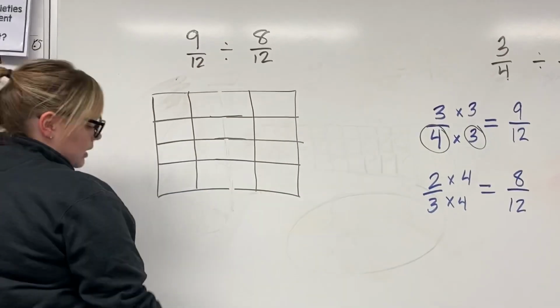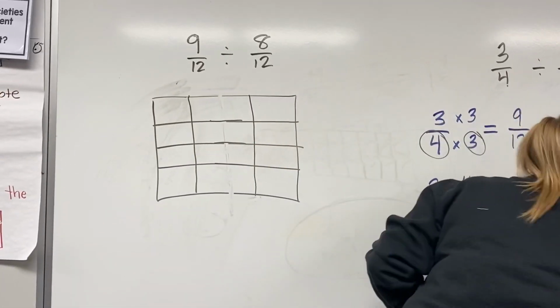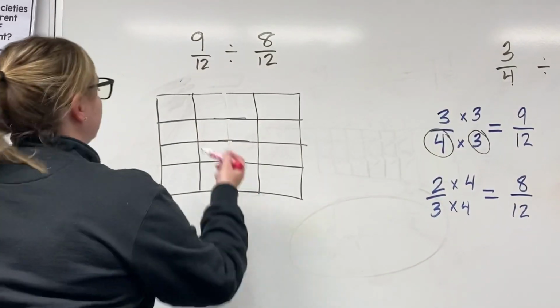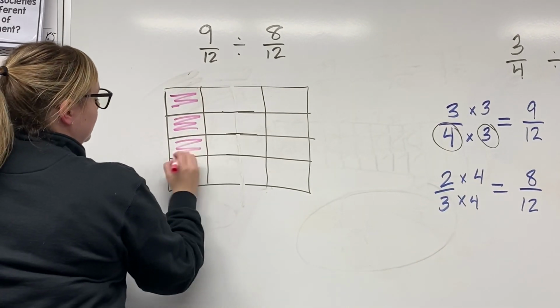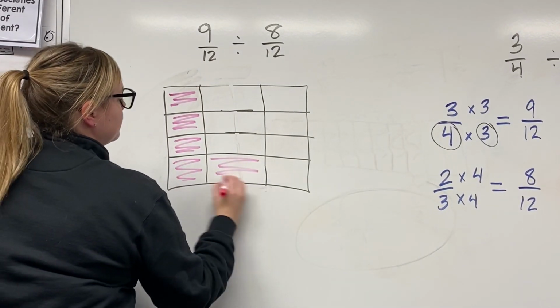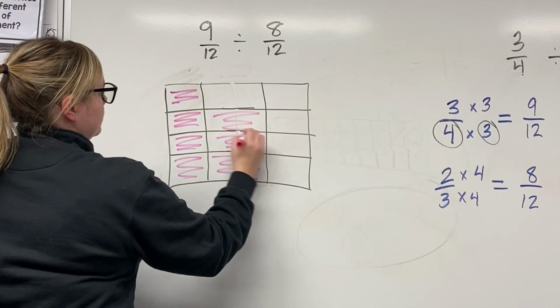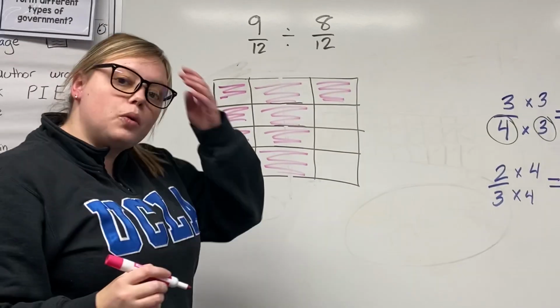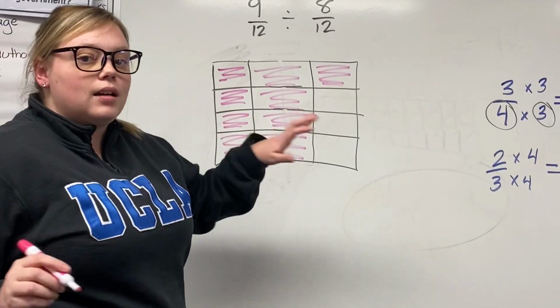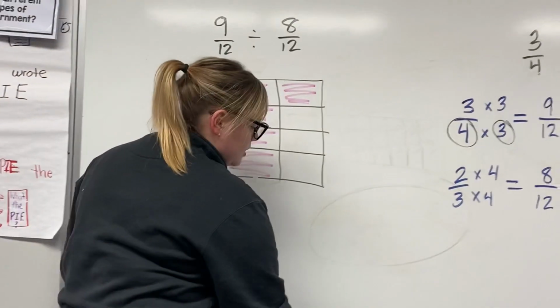I'm going to shade in 9. 1, 2, 3, 4, 5, 6, 7, 8, 9. And now I'm going to look for 8 of the 9. And it would just be the same way.